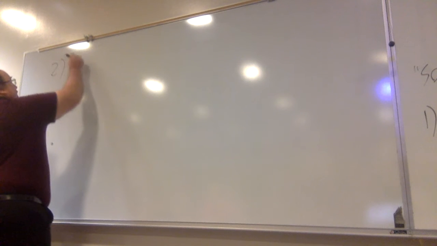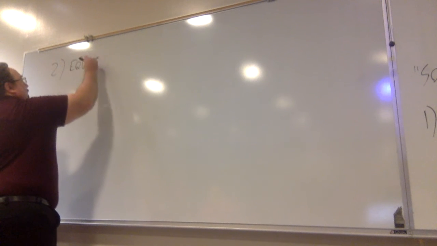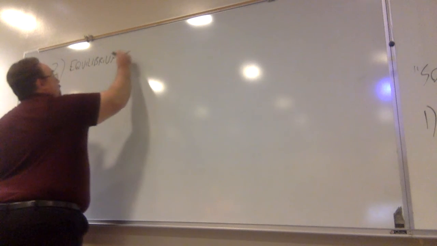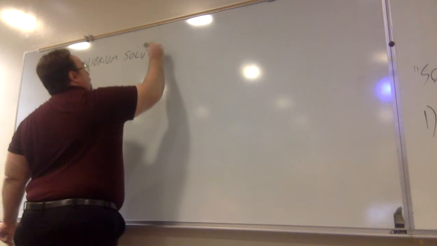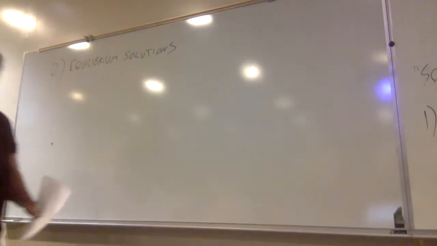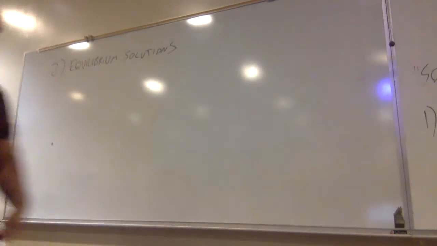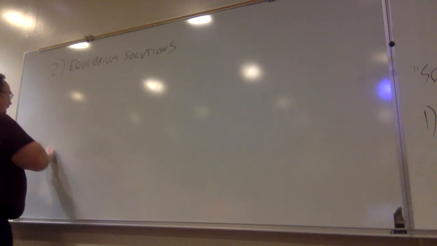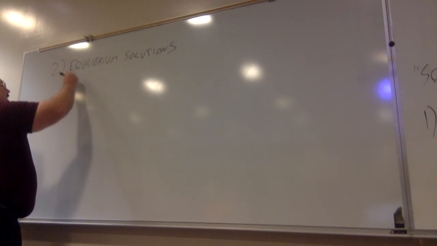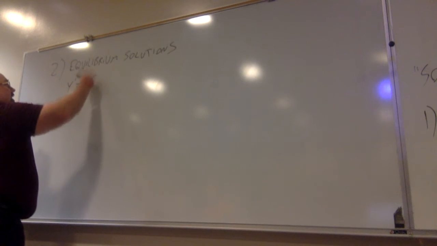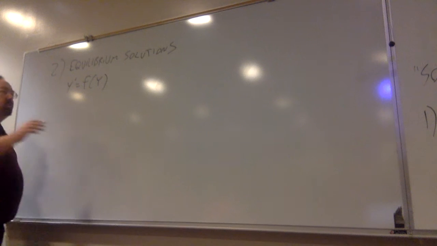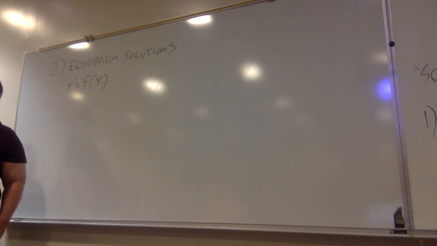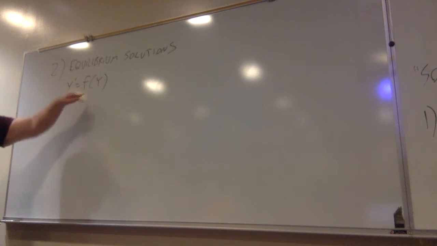Equilibrium points, or equilibrium solutions. Okay. Now, the differential equation of this form, now before I wrote y prime equals f of t, y, here I write only f of y.